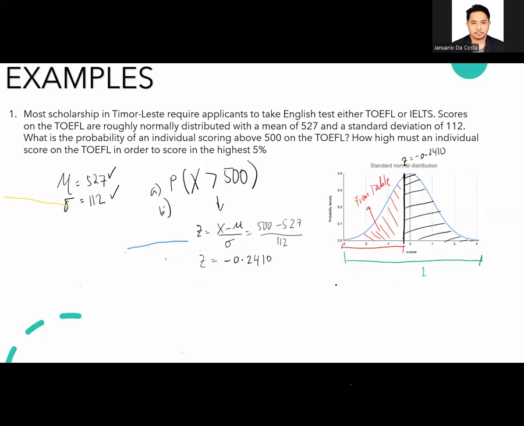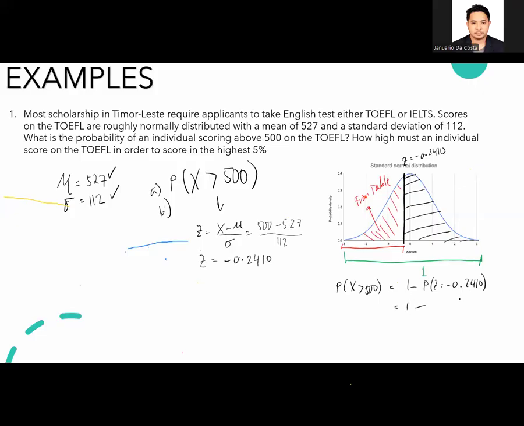So the probability of x greater than 500 is equal to the probability at which your z is greater. So you have 1 minus, which is this one over here, minus the probability of z equal to negative 0.2410. Okay, negative 2.41 you can already find, right?